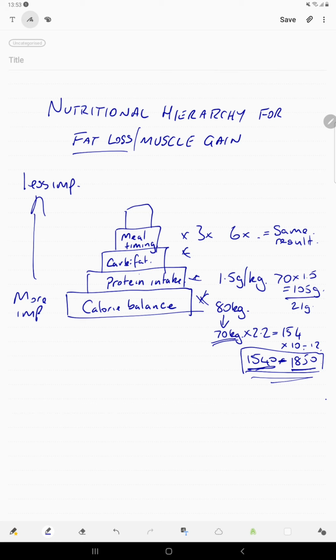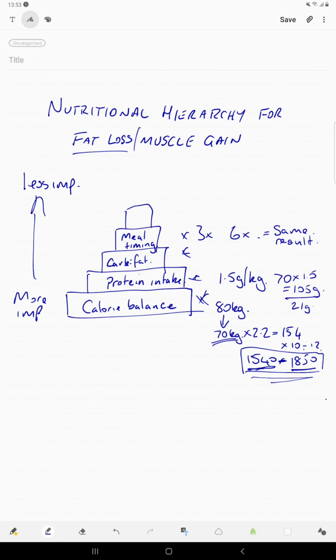If you're on an old school bodybuilder type diet where you have to eat 6 or 7 times a day, every 2 hours, then if you have work commitments, you have family commitments that mean that you can't stick to the schedule, you're not going to stay on the plan.